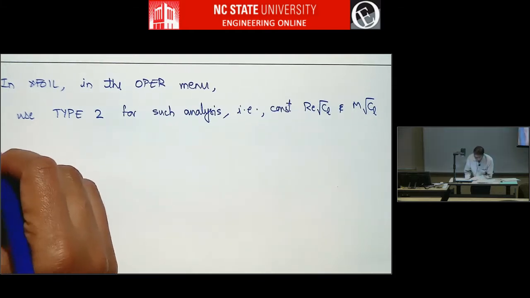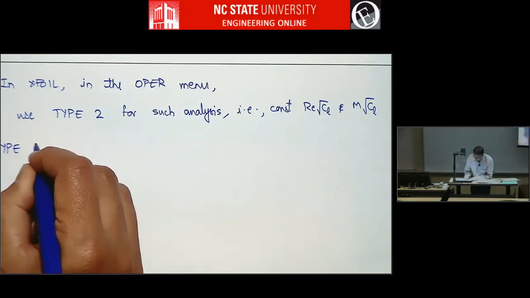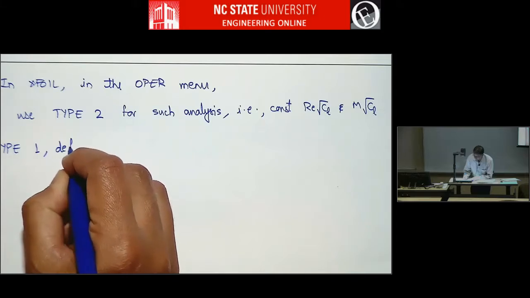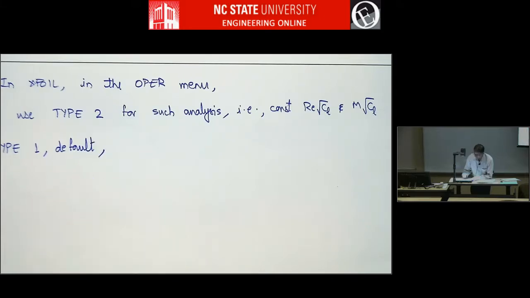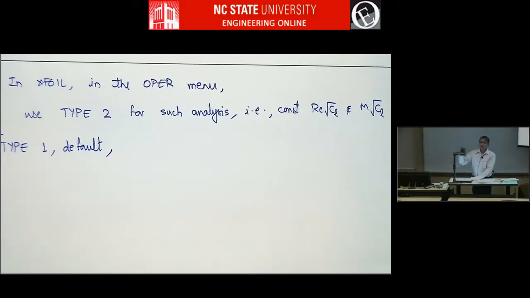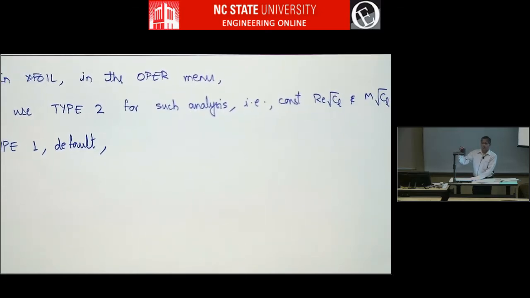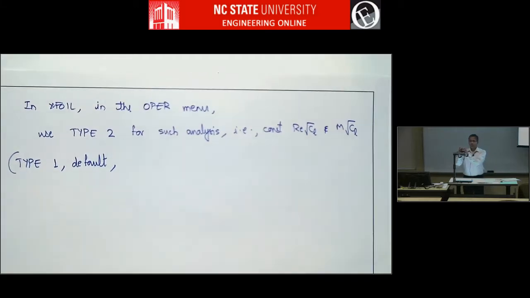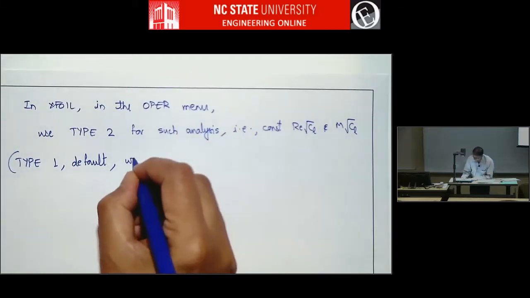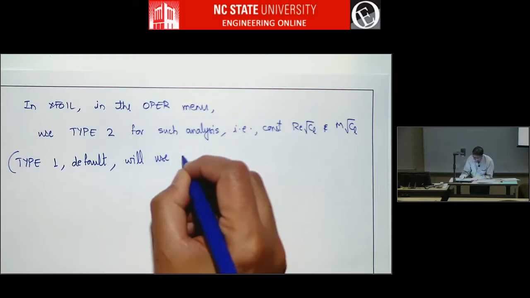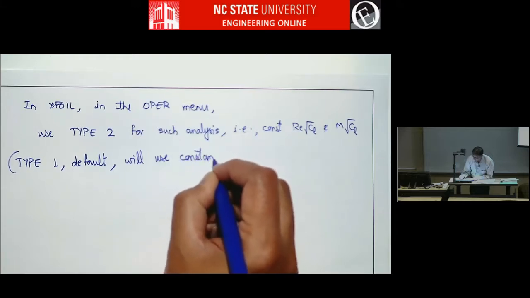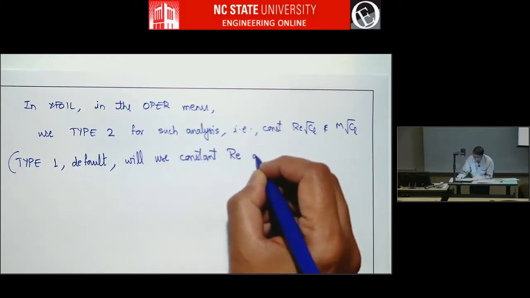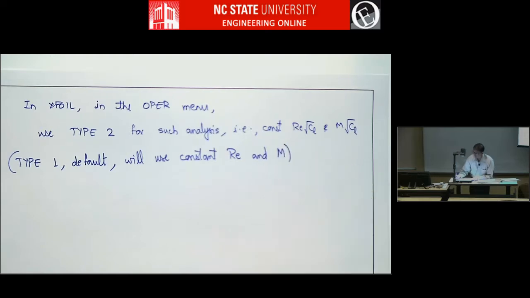And type 1 analysis, which is the default, right? Normally when you don't do anything, it assumes type 1. So type 1 analysis will assume that Reynolds number and Mach number are constant throughout the drag polar.